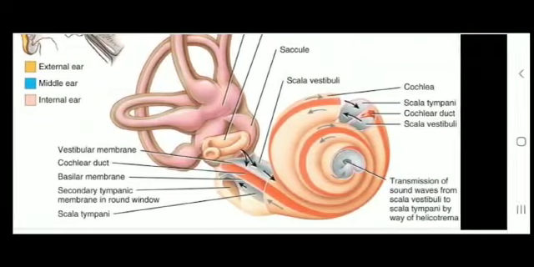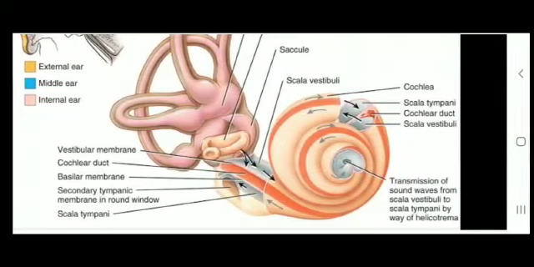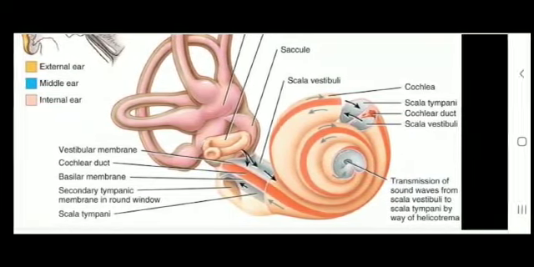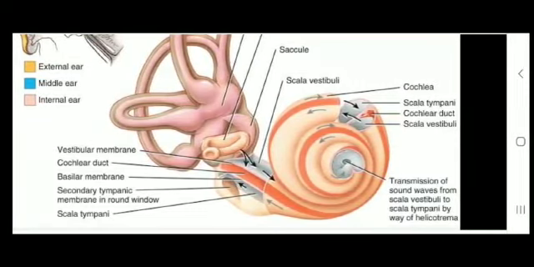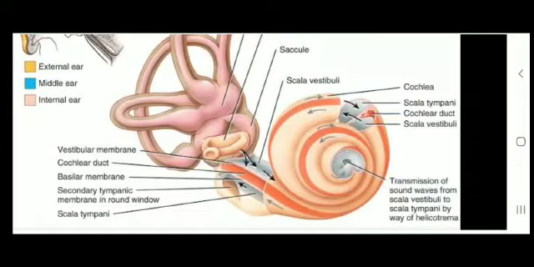In this diagram, you can see the semicircular canals and then the vestibule and the cochlea. Next, the membranous labyrinth. This is lodged within the bony labyrinth, and it is filled with the endolymph.